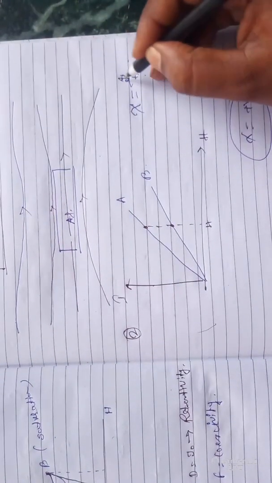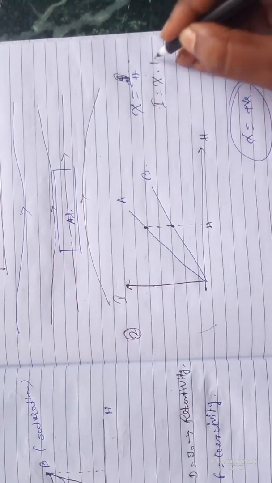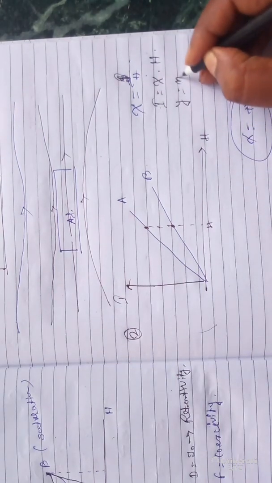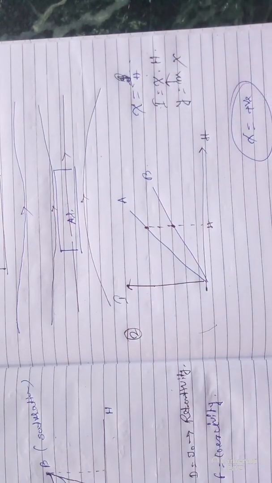J versus H, or I versus H. So I is equal to chi into H. That is a y is equal to mx type graph. So if the slope is large, then chi is also large.